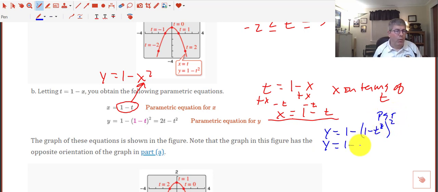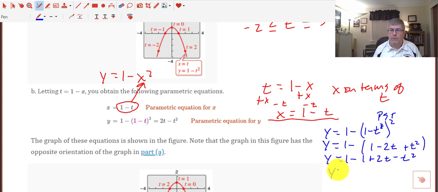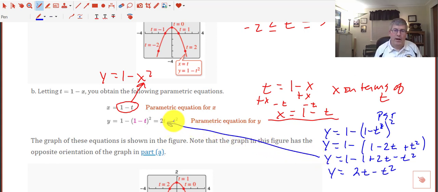So we get 1 minus 2t plus t squared. We distribute our negative, y equals 1 minus 1 plus 2t minus t squared. We get y equals 2t minus t squared. So here's all the algebra in blue, how we arrived at what y is equal to.